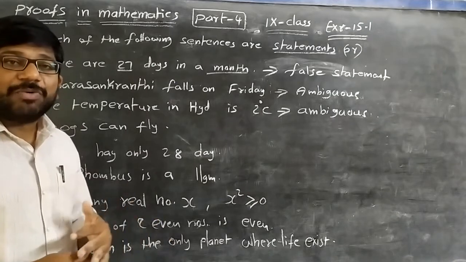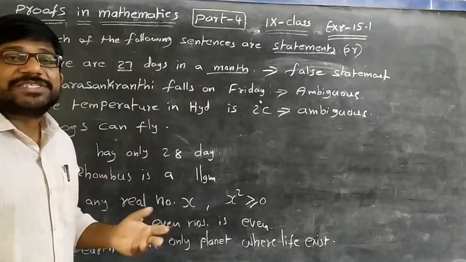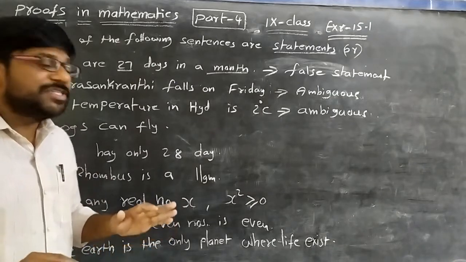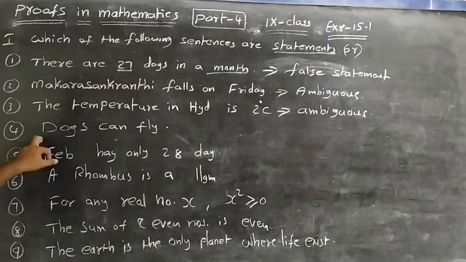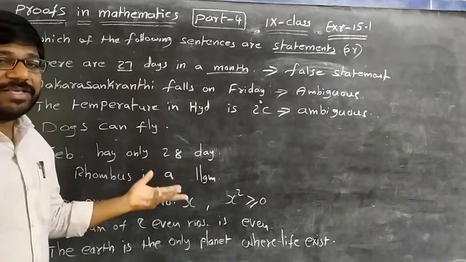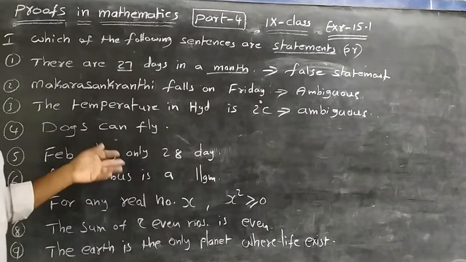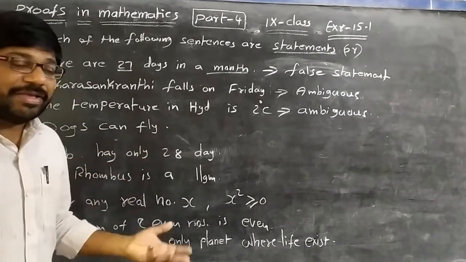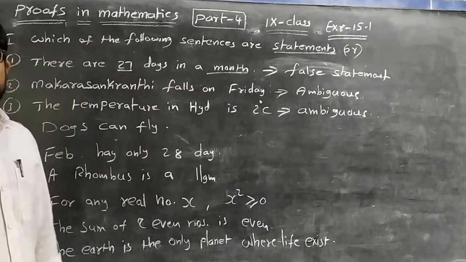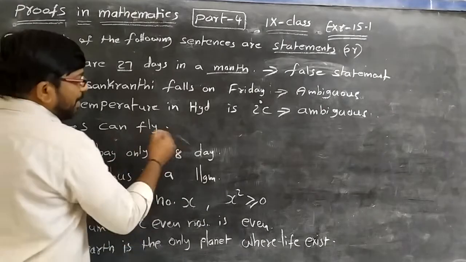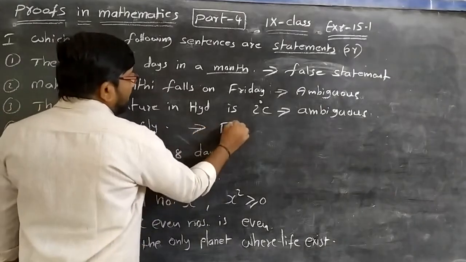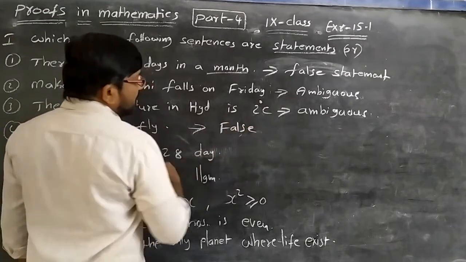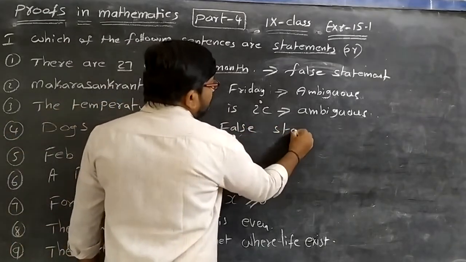Dogs have no wings, and dogs are not birds. So the given sentence, dogs can fly, is a statement, but it is a false statement.